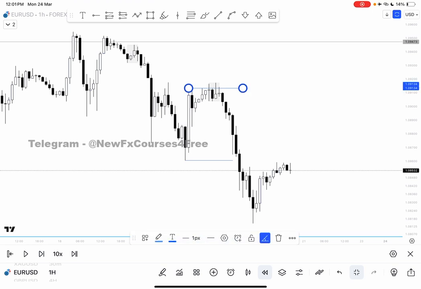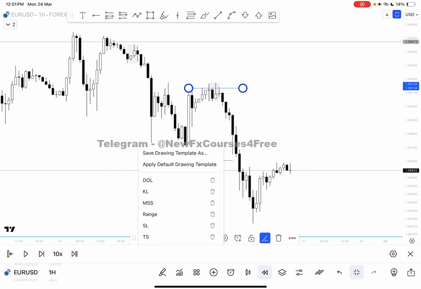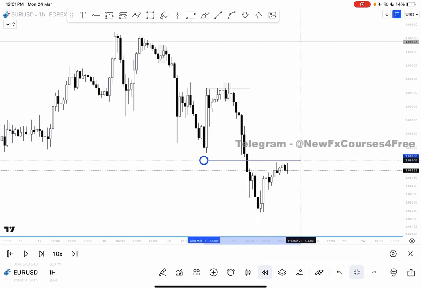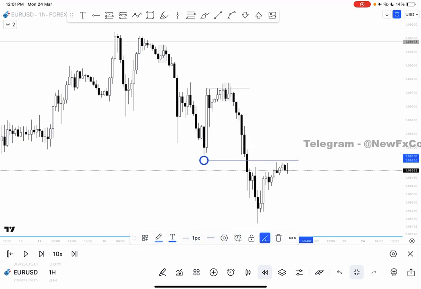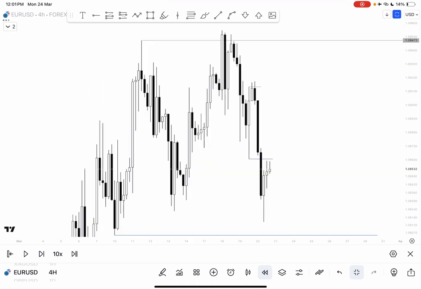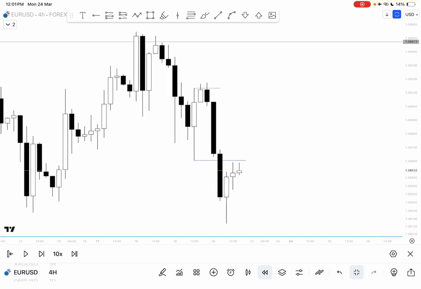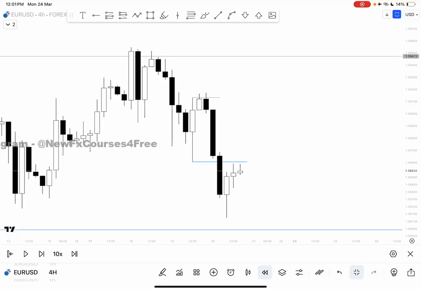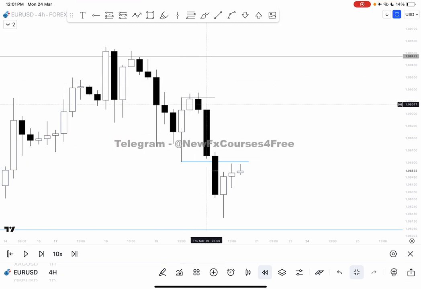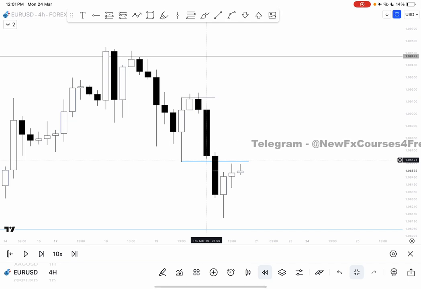So this actually can be used as our key level for price action. And luckily, this is also our CRT high swept going down to our CRT low.